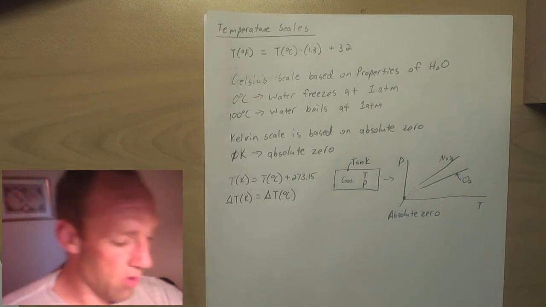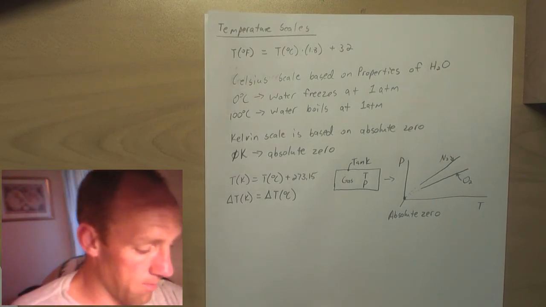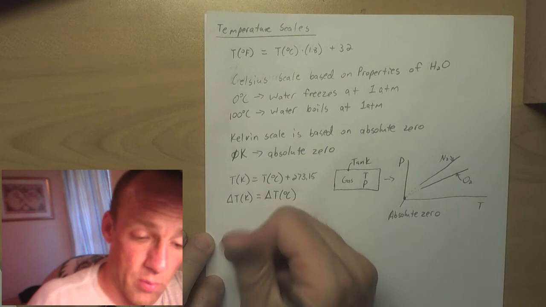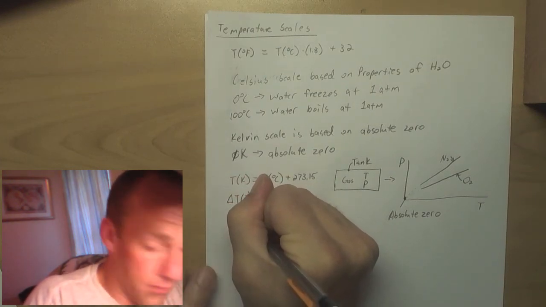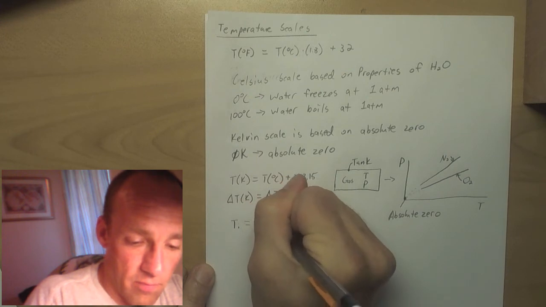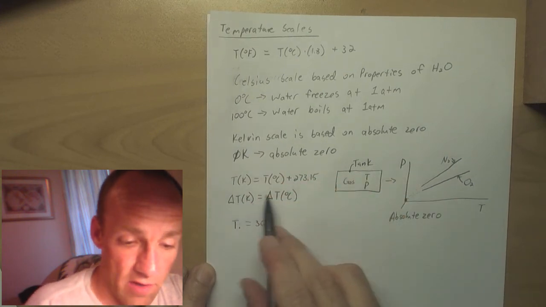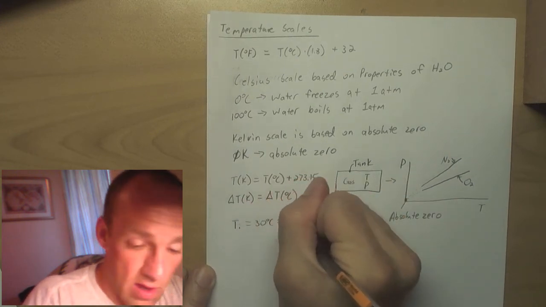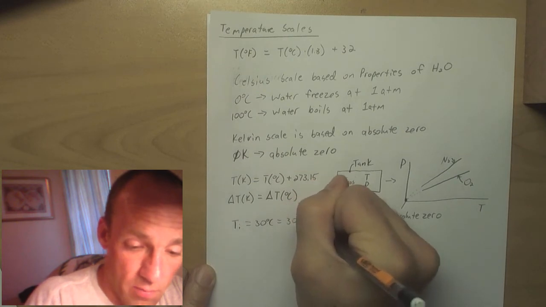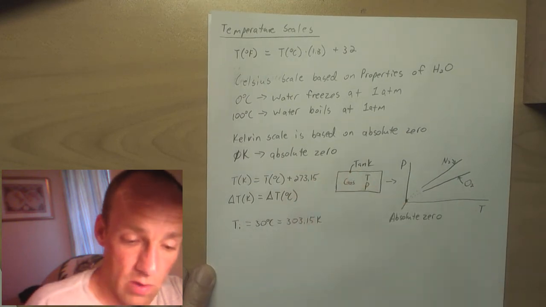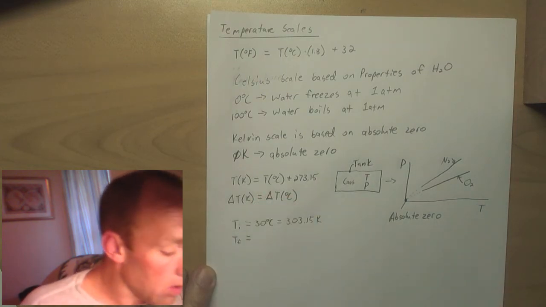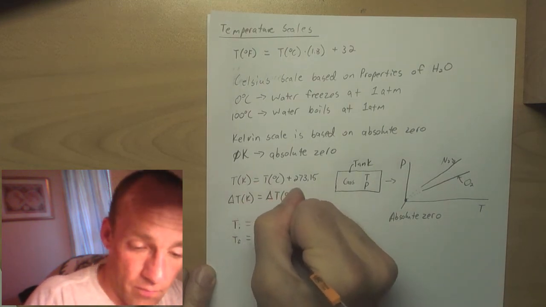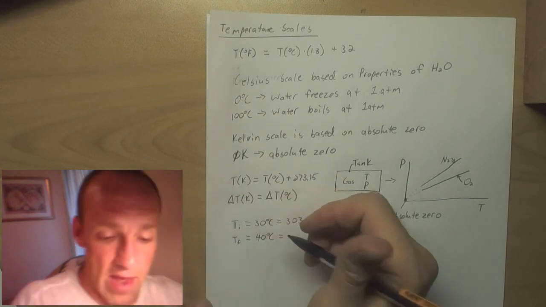Okay, so for example, say I have an initial temperature of 30 degrees C, and I can convert that into Kelvin, and that's 303.15 Kelvin. And I have a final temperature of 40 degrees C, and I can convert that into Kelvin.